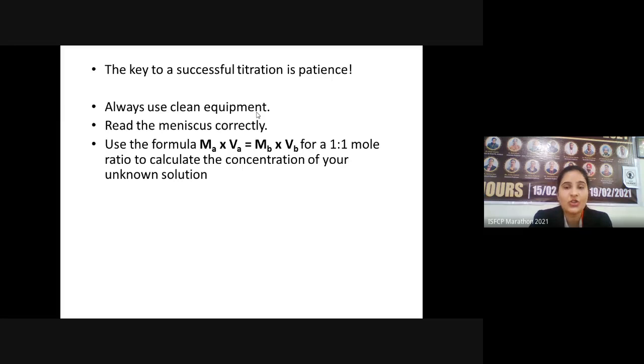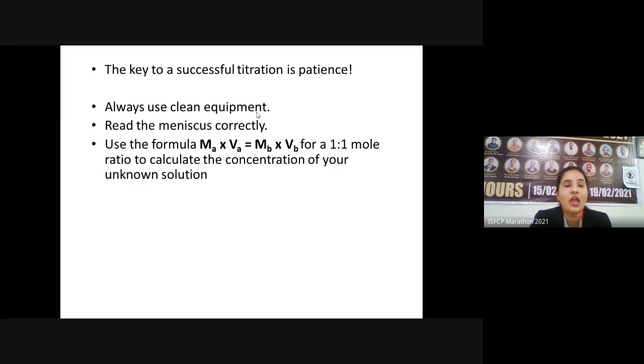If we do not perform titration with patience, there are always chances of error. Second is always use clean equipment, because otherwise there will be chances of error.